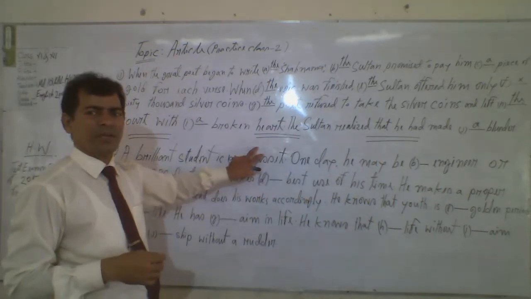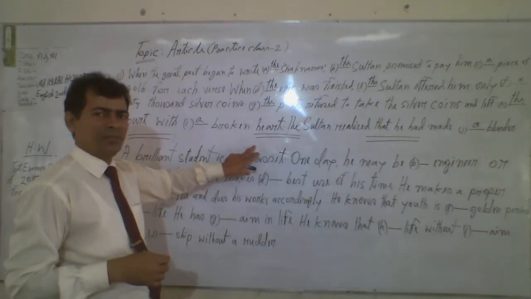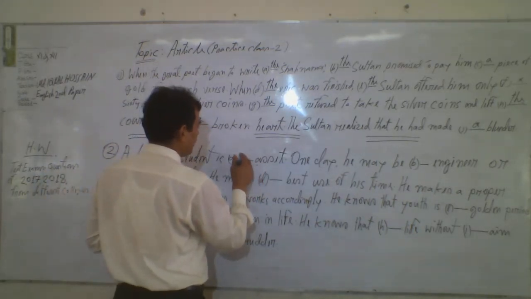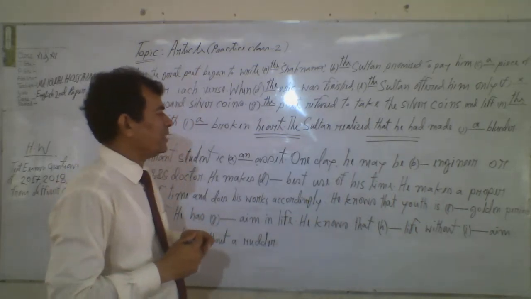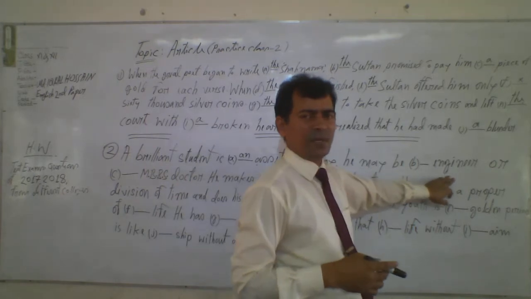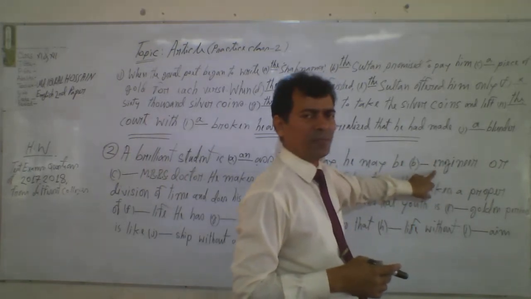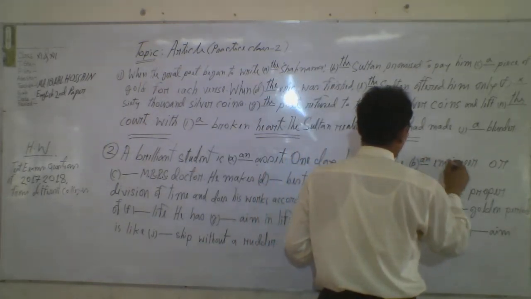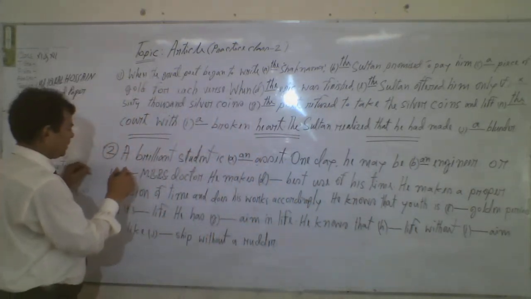I have to determine here, and I must use some article here. As it starts with a vowel, I have to use an asset. One day he may be an engineer or an analyst.